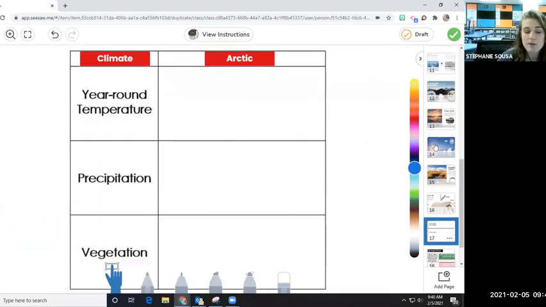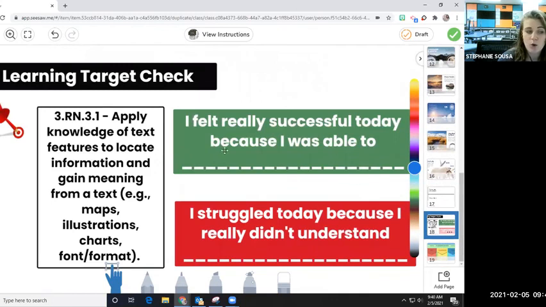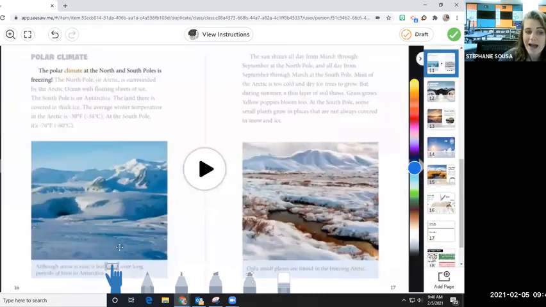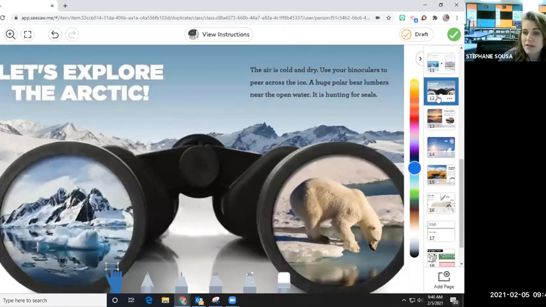I am going to be taking a grade on this assignment today. We had a good day of practice yesterday. Today, I would like to grade your skills. I am grading you on your ability to apply knowledge of text features to locate information and gain meaning from a text. So are you highlighting? Are you putting the answer that matches the information in the text?